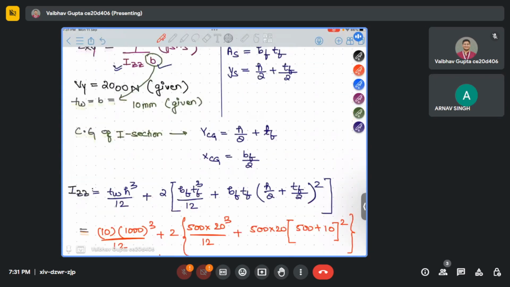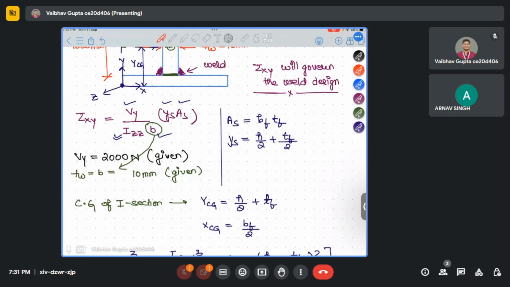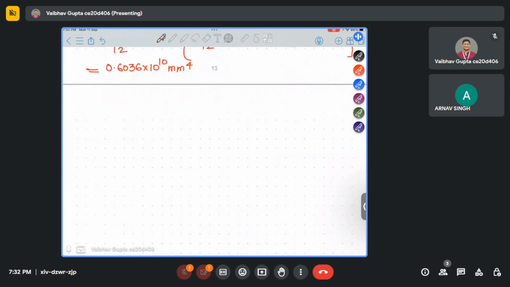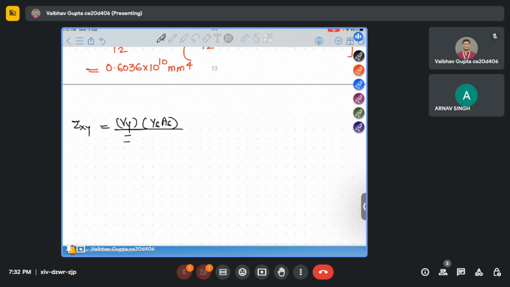Now we have all the things for tau xy. So we'll put in the values. Tau xy is nothing but Vy, Ys into As upon IZZ into TW.